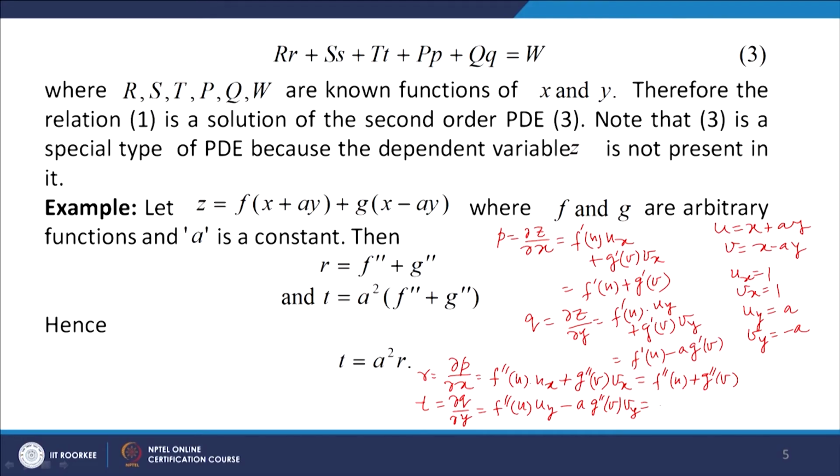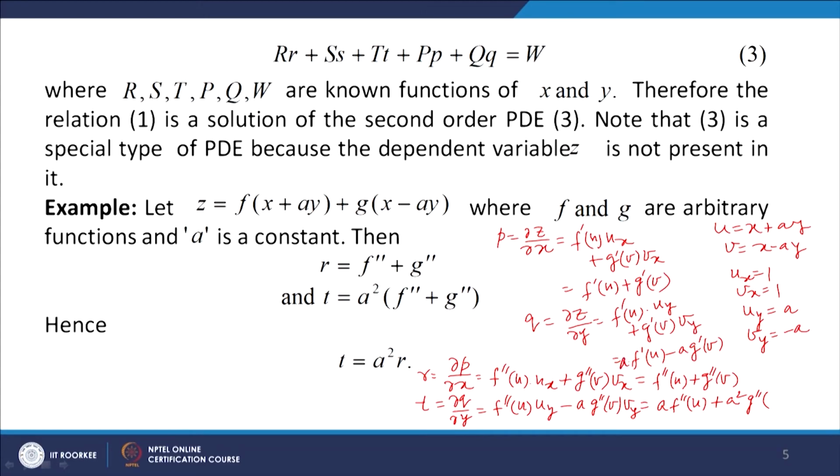So we get a times f double dash u, by equal to minus a. So we get a square g double dash. Here, when we differentiated z with respect to y, we got f dash u into uy, and uy equal to a.